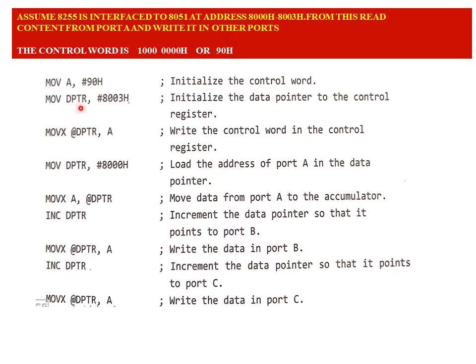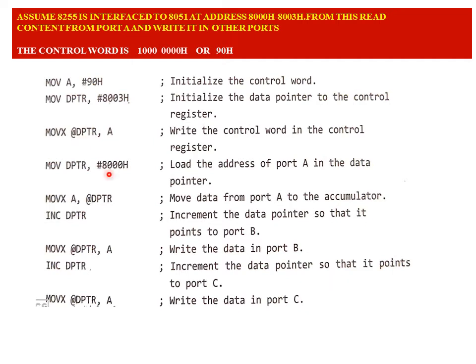We are using one DPTR, or data register, to store our control data. Then next, moving our control word to the control register, by executing this instruction the 90H is stored in the control word register, or control register.